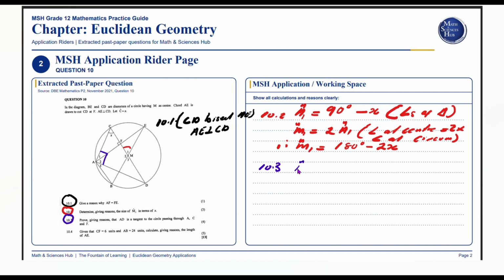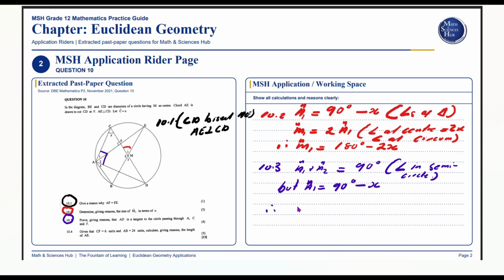So we know that angle A1 plus angle A2 equals 90 degrees, angle in a semicircle. But we know that angle A1 equals 90 degrees minus x.